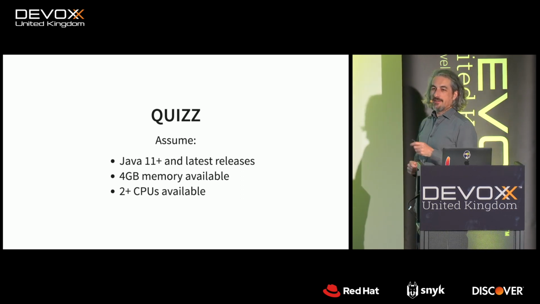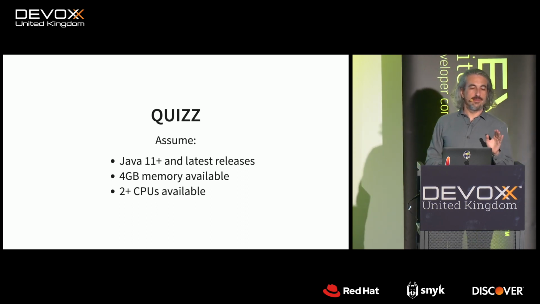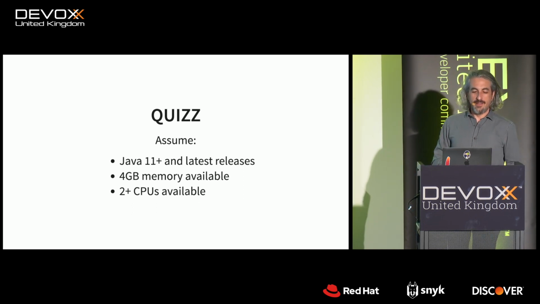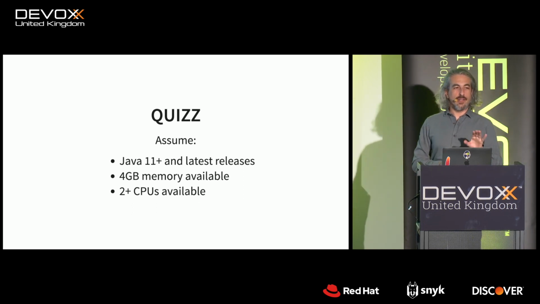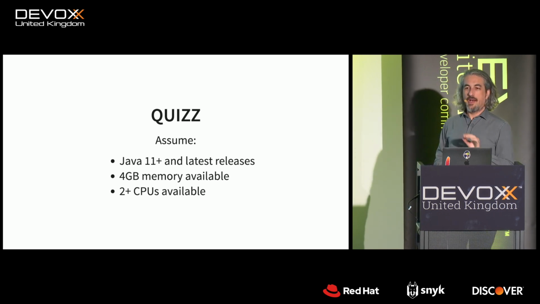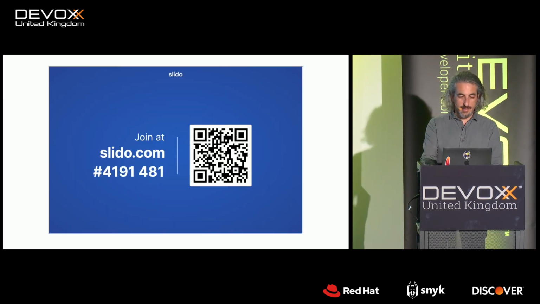Assume that you're running Java 11, the latest release, not something from a year ago, not something from 6 months ago, the latest one. Assume you're going to have 4 gigs of memory available in your container, and also assume that you're going to have more than 2 CPUs. This is important later. So let me get this started.